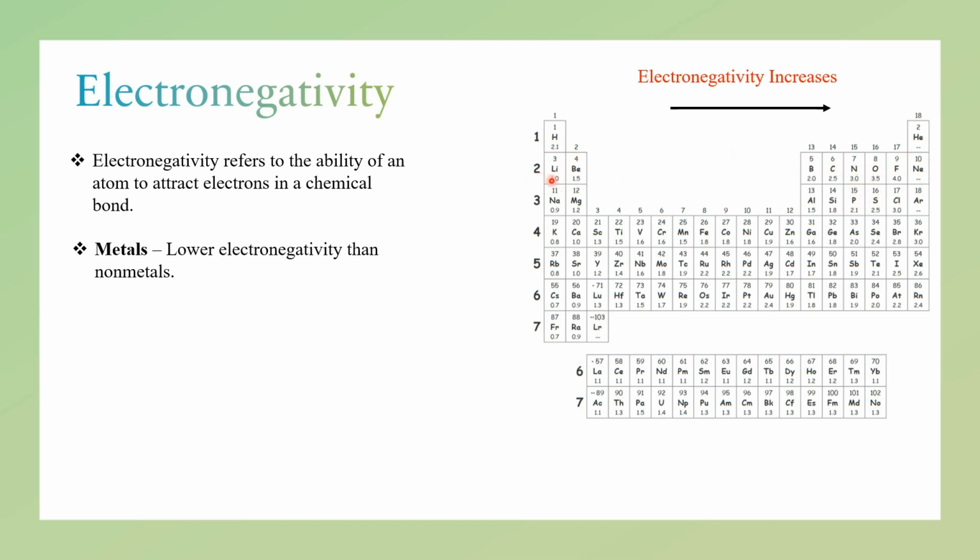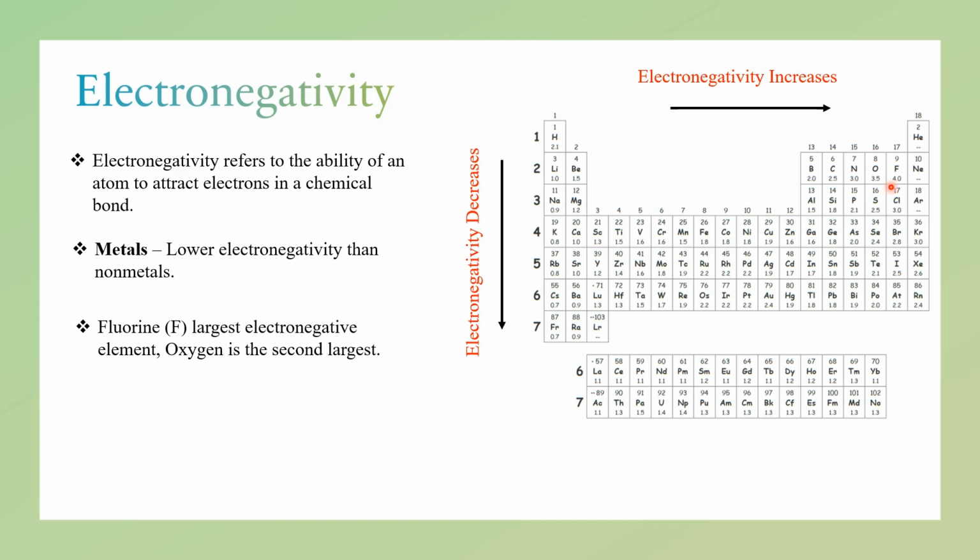If we move across the period, metallic character is decreasing, therefore electronegativity is increasing. The favor for electrons is increasing. And from top to bottom, electronegativity is decreasing. Again, the reason is that metallic character is increasing from top to bottom. Therefore, the favor for electrons is decreasing.